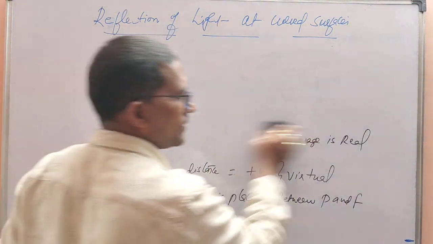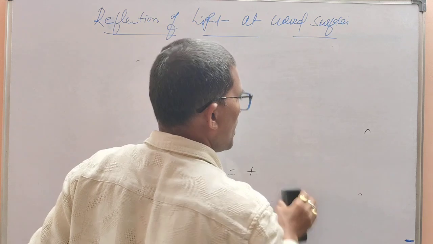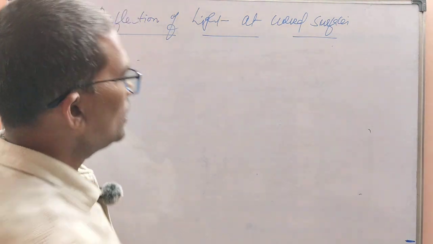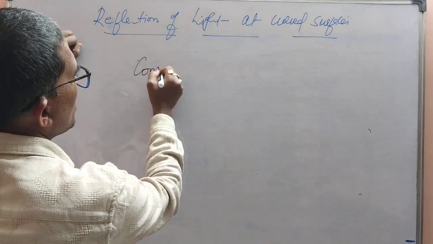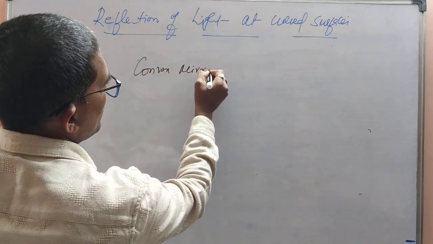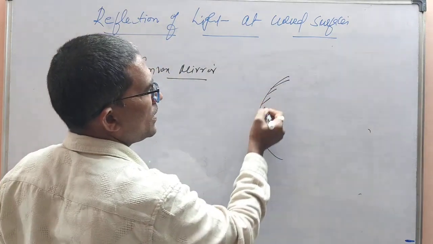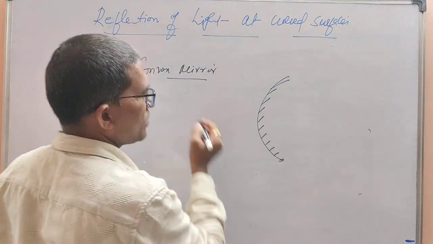For a convex mirror, the sign conventions are as follows. Now this is a convex mirror. Okay, we know convex mirror is a what mirror? Diverging mirror.